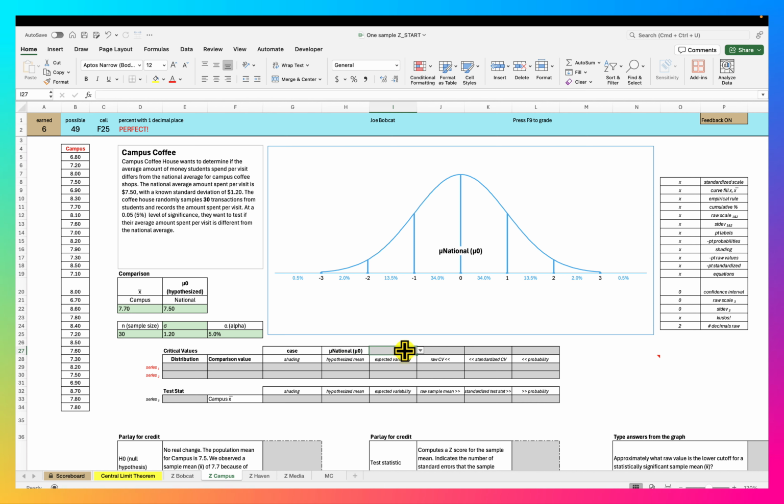The expected variability for a z-test is called the standard error, or you could also think of it as sampling error. It is sigma x bar, the standard deviation of the x bars, which is equal to the regular standard deviation divided by the square root of n. So that's the one we'll pick. What we're dealing with in this distribution are x bars, not x's, because these are all samples.